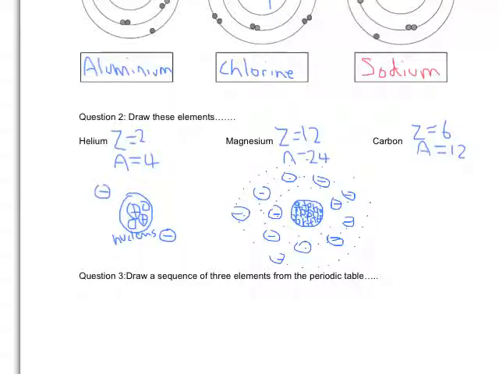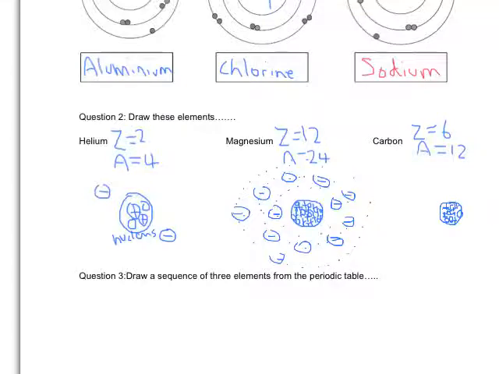And then finally we get to carbon. In the nucleus of carbon, there'll be 6 pluses, 6 protons, 1, 2, 3, 4, 5, 6, and 6 neutrons, 1, 2, 3, 4, 5, 6.